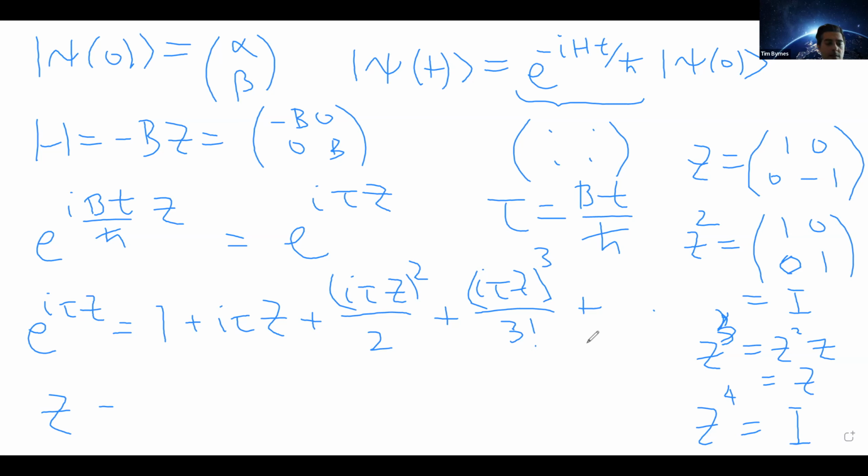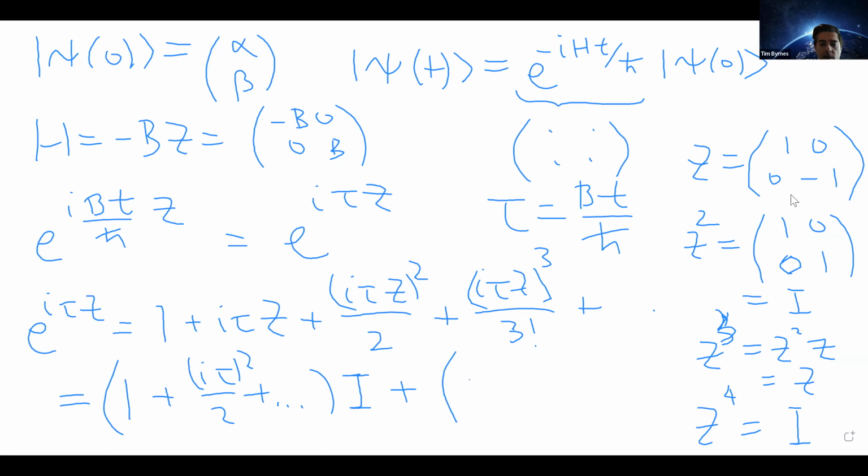So what we can do here is look at the even and the odd powers and separate them out. We're going to have 1 plus (i tau) squared over 2, dot dot dot, and all this will be identity.